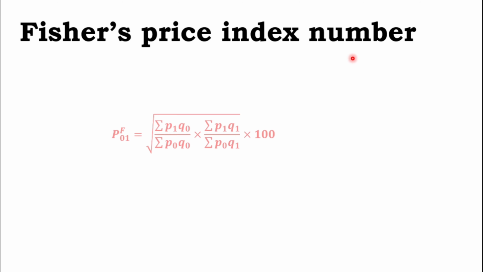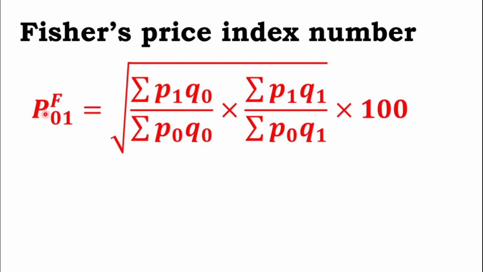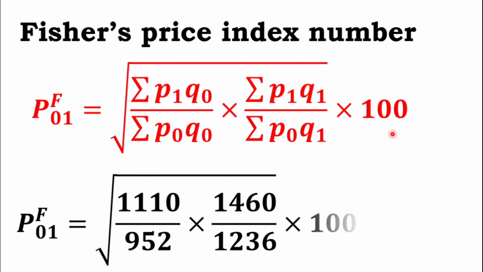Fisher's price index number formula: P F01 is the square root of summation P1 Q0 divided by summation P0 Q0 multiplied with summation P1 Q1 divided by summation P0 Q1, into 100.